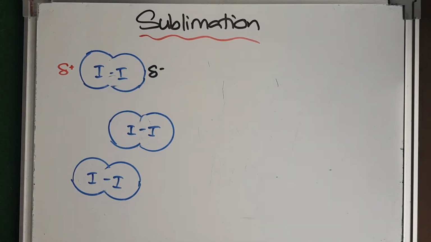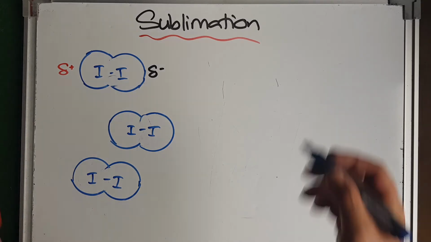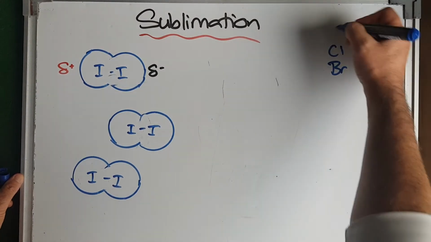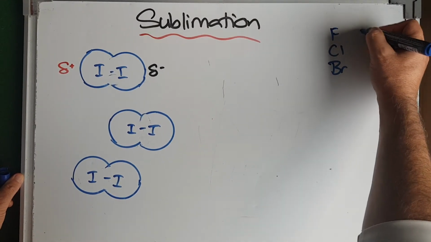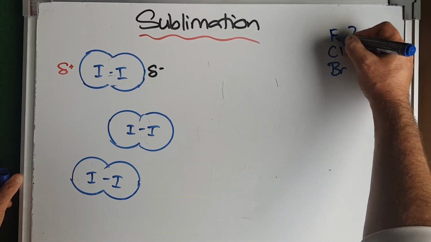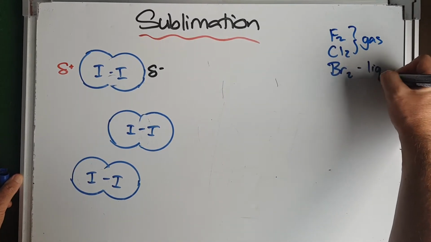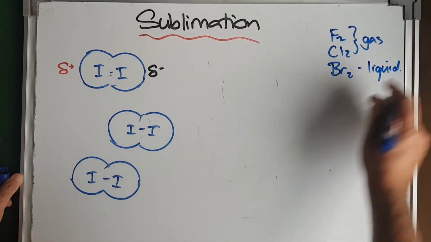Now, iodine having such a large electron cloud, the chance of this happening is a lot higher than, say, in bromine, which is much smaller, and therefore chlorine and fluorine. These two are gases at room temperature, and this one's a liquid that becomes a gas very easily.